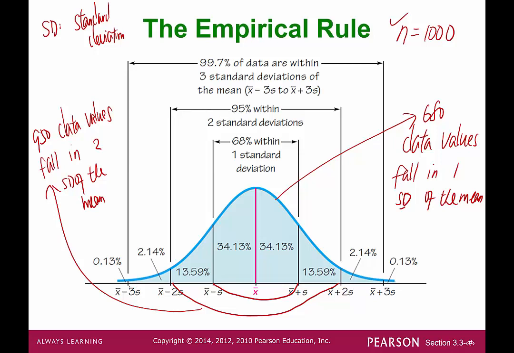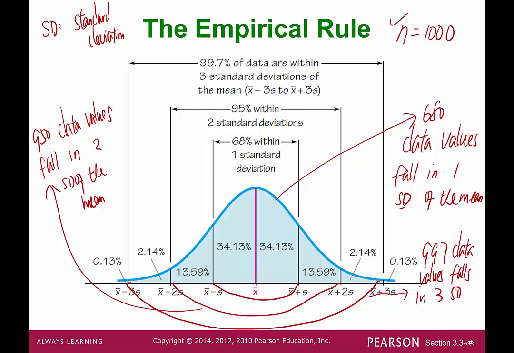And the third one is within 3 standard deviations of the mean, we have 99.7% of the data values, which is 997 data values, falling within 3 standard deviations of the mean. And these are the empirical rules shown in a bell curve. So we call this a bell curve.